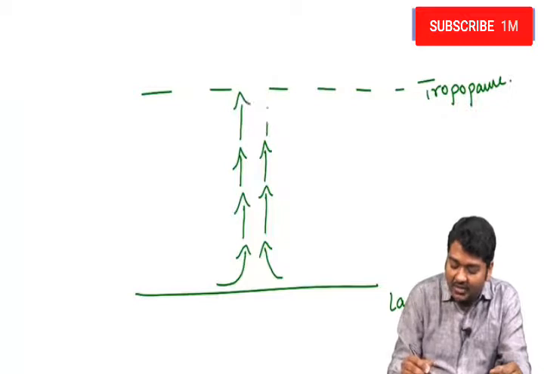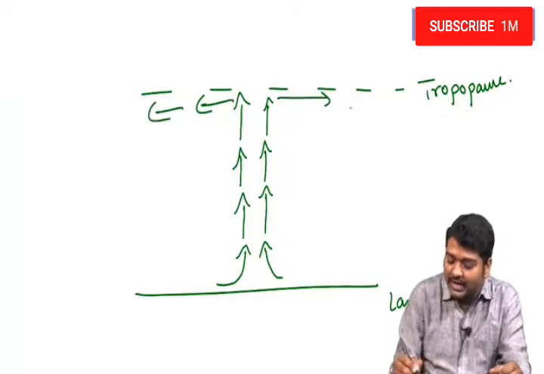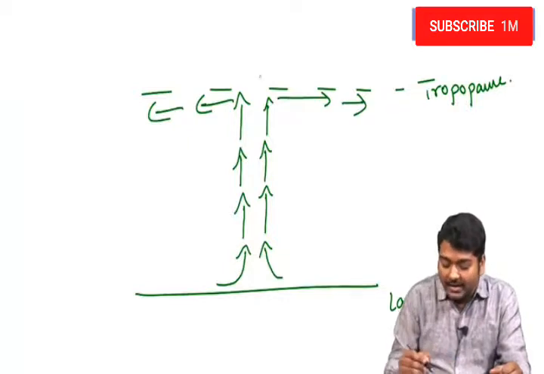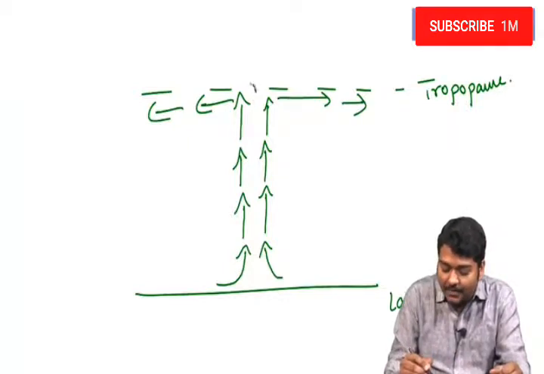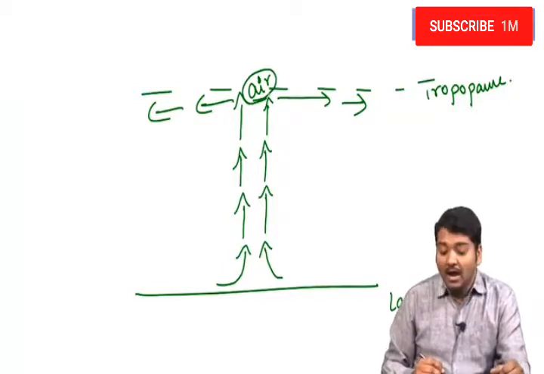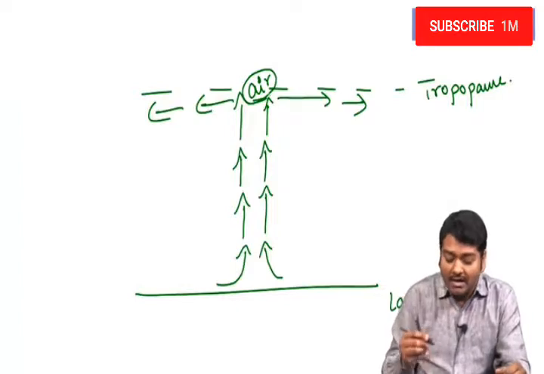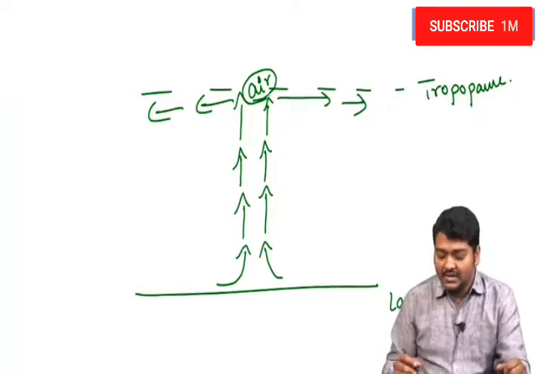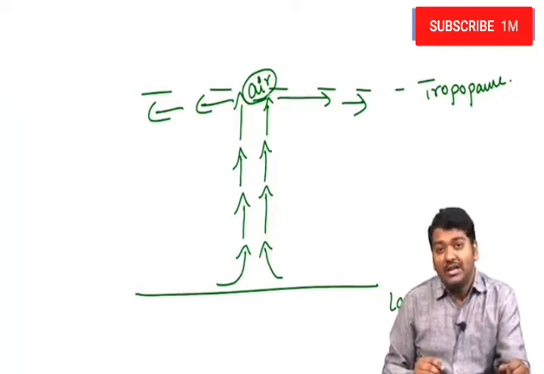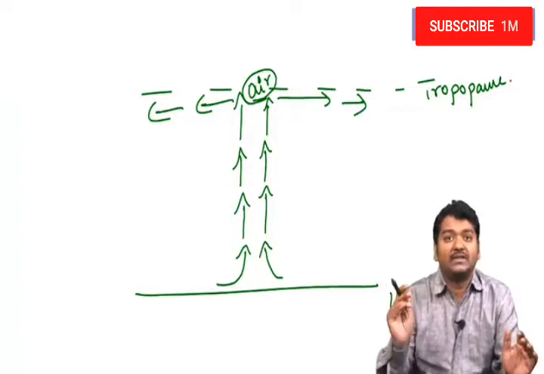When they hit the tropopause, they diverge in opposite directions, correct? But can you see there will be some air getting accumulated at this point, and this will be there throughout the equator. Convergence or divergence at this point usually leads to some air being present.